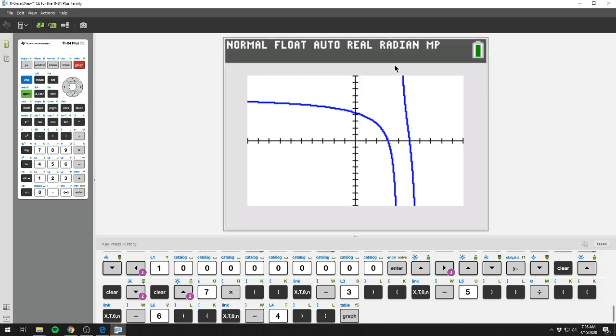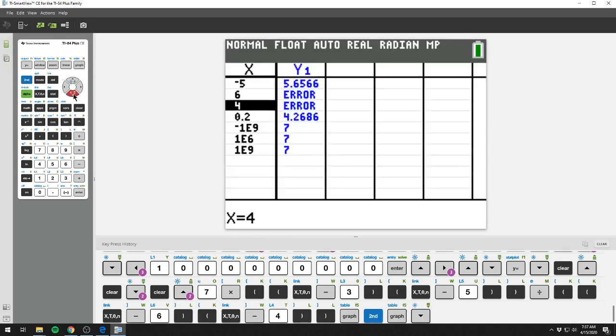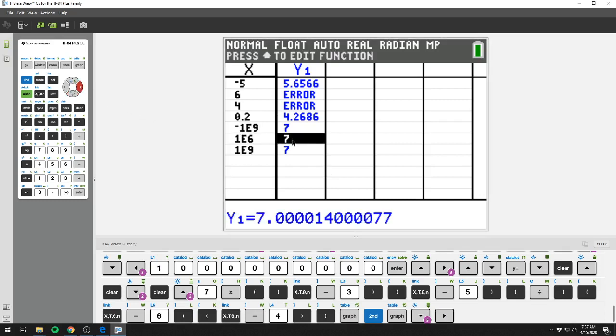Okay. Now this one, you can't really see what's happening to the right. We can zoom out. But remember what I showed you before, you can just plug in a really big number. So if we go to second table, and if you plug in a really big number that's already down here, a million, you know, we got 7 basically. If we plug in a billion, it was still 7. So the horizontal asymptote is 7.